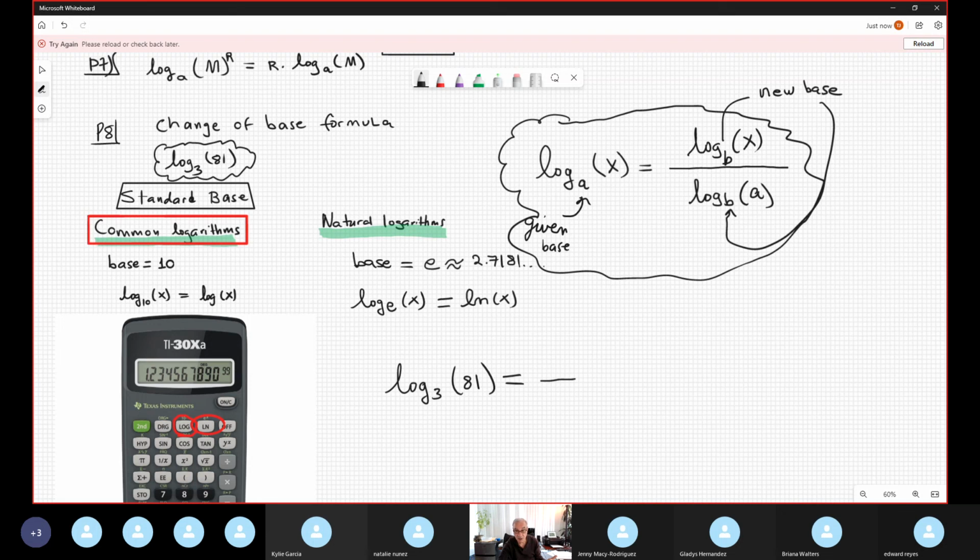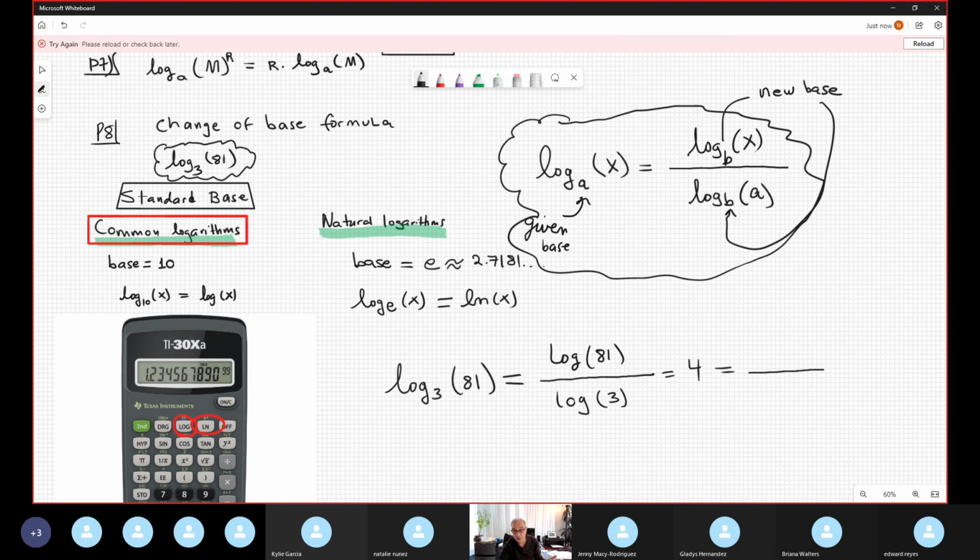Suppose that I put it in a calculator like that. You press the key LG. Okay, by default the base is 10. And you put 81, the same number, divided by LG of 3, the given base. And when you put this in the calculator, the answer is 4.